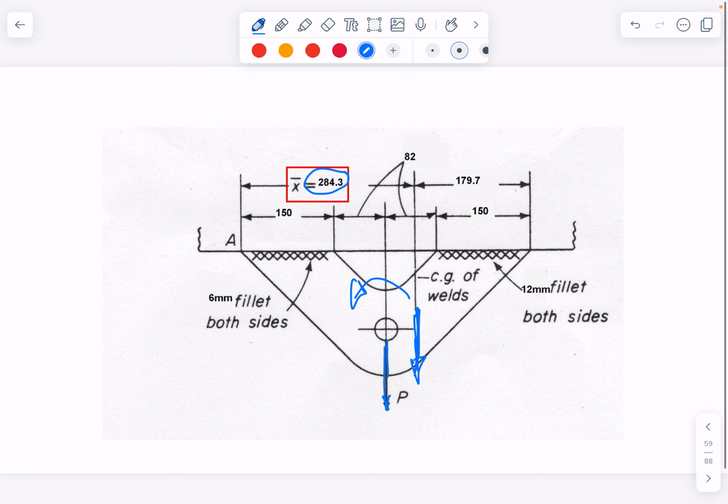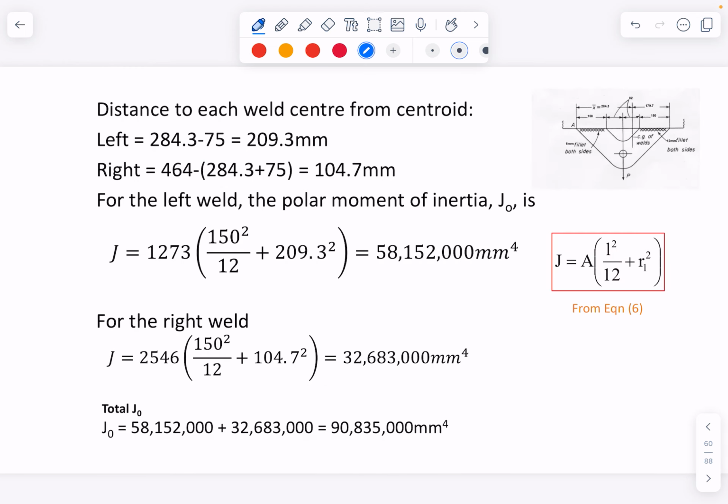Okay. So we can go through and work out the left and right distances, and that's going to be from the centre here to the centre of the action, and from that one there.